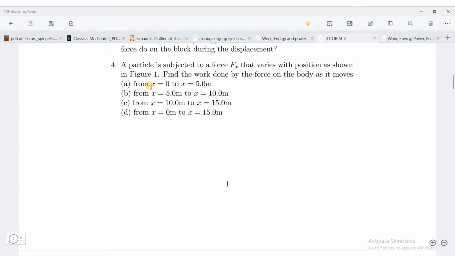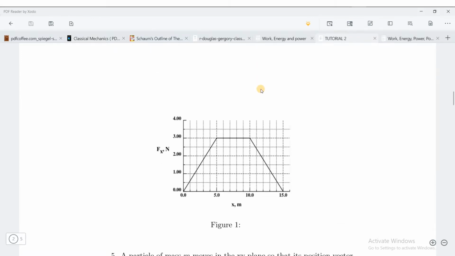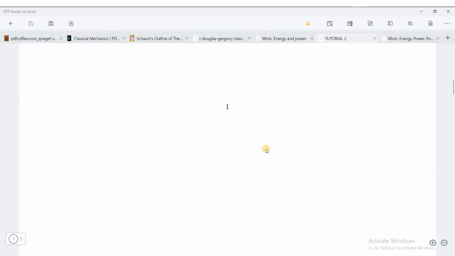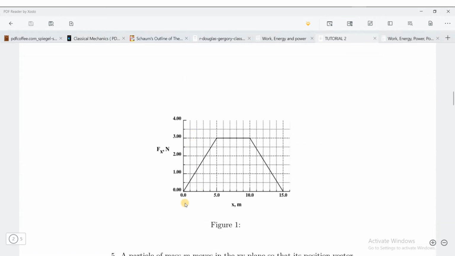So for this domain, we have to find the area under this curve. This diagram here goes with this question. So you have to find the area under the curve from 0 to 5 here. Now when you look at this figure, this is a triangle. So the area under this triangle is what? It's just half base times height. That's how we find the area of a triangle.